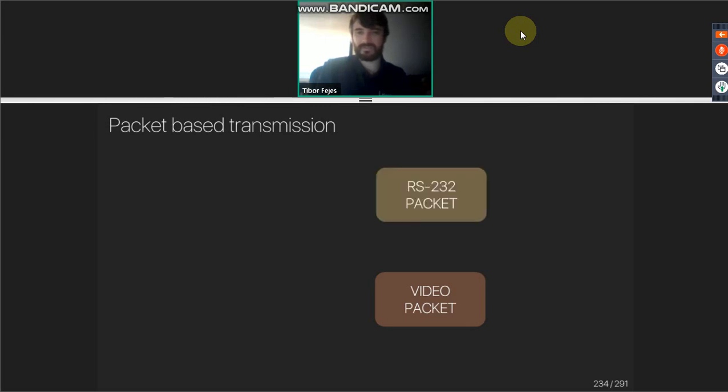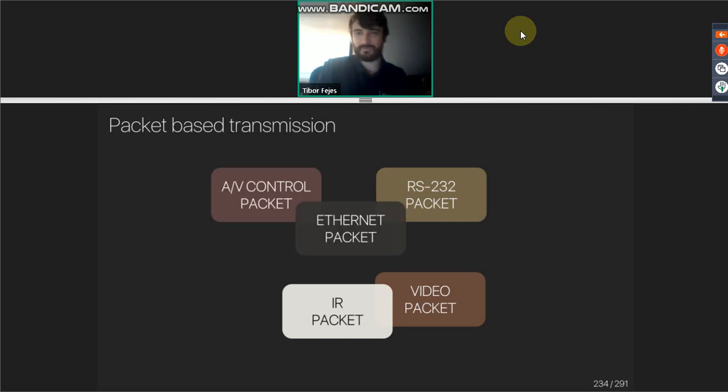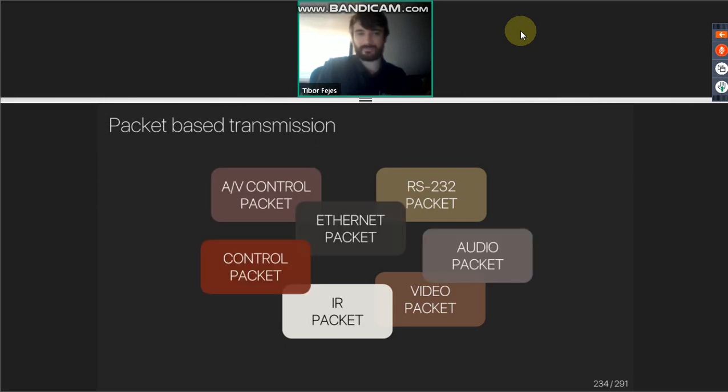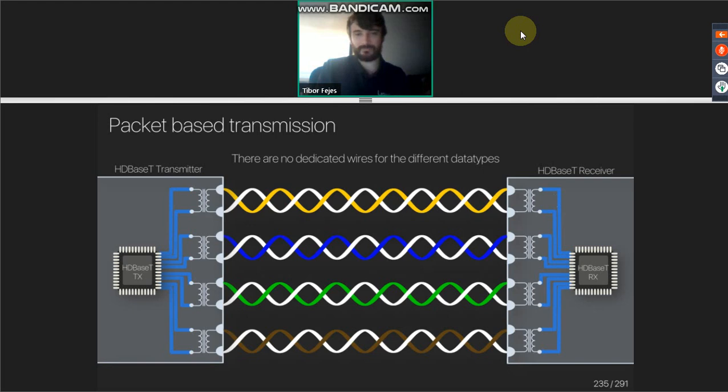So we've got our video packets, our RS-232 packets, IR, AV control, Ethernet, audio, and then other types of control as well. So it's not dedicated wire pairs, it's dedicated packet types. So any type of packet can be sent down any type of wire pair.